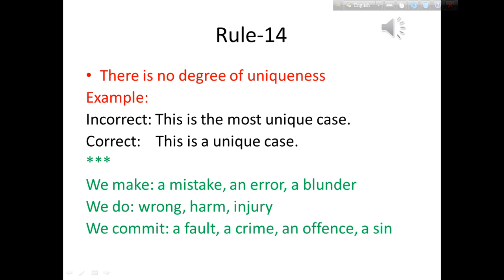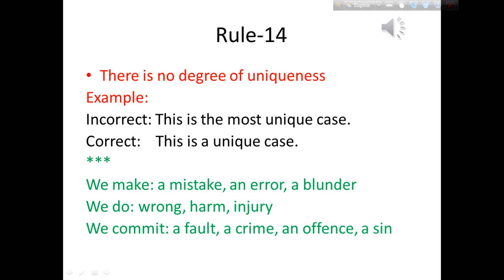So we have some important notes here. There are some words that we use frequently, but generally we make mistakes. So let's see which word should be used in which way. So the correct form, we make a mistake, an error and a blunder.